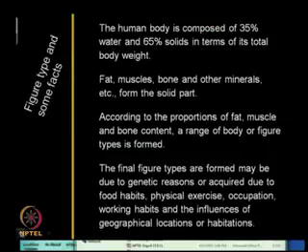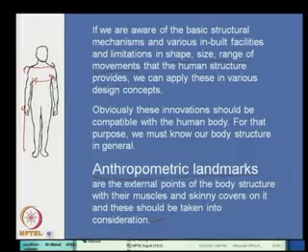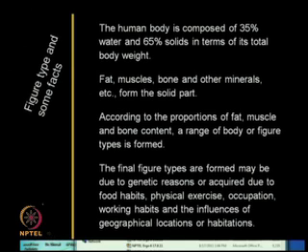Now, some facts and figures. The human body is composed of 35% water and 65% solid in terms of its total body weight.